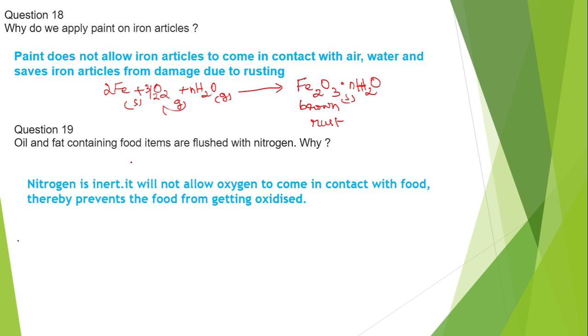So in order to prevent the rancidity, what will we do? We will flush that food packet with nitrogen. This nitrogen is inert, so it will not allow oxygen to come in contact with the food item. So thereby it prevents the food from getting oxidized. So food becoming rancid will be prevented by flushing with nitrogen.